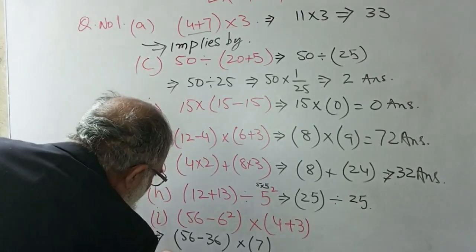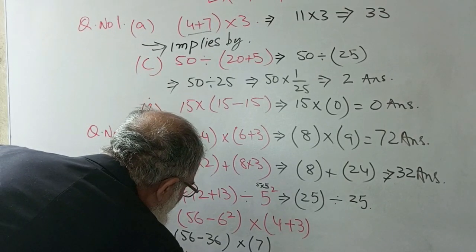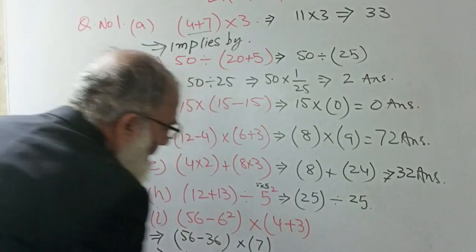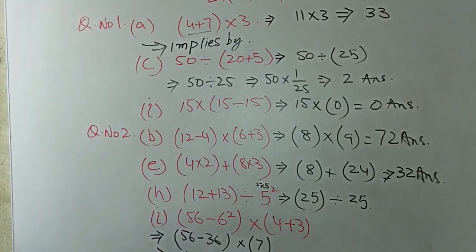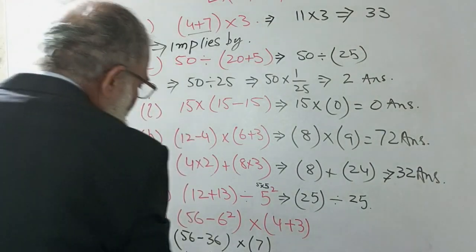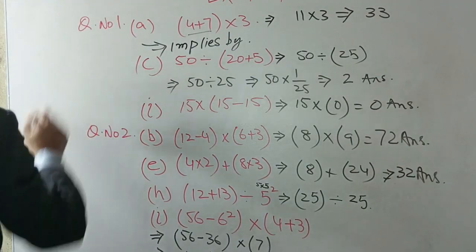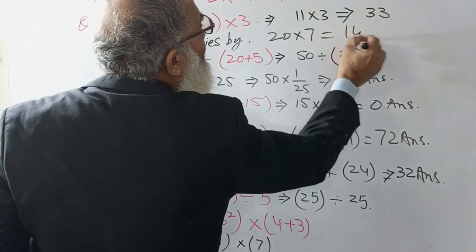So this becomes 56 minus 36, which is 20, multiplied by 7, and that gives us 140. With this, we complete our question number 2. If this is not visible to you, this step is done over here, and that is 140, the answer.